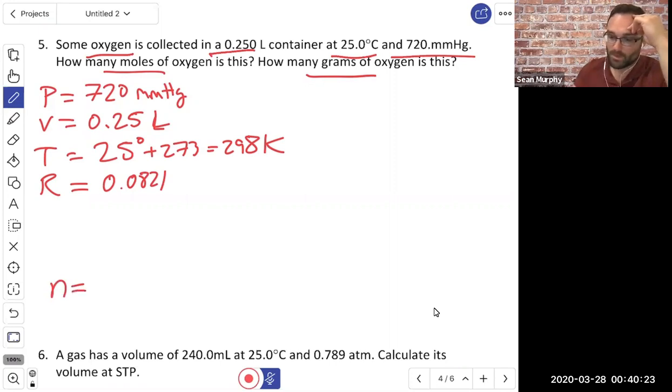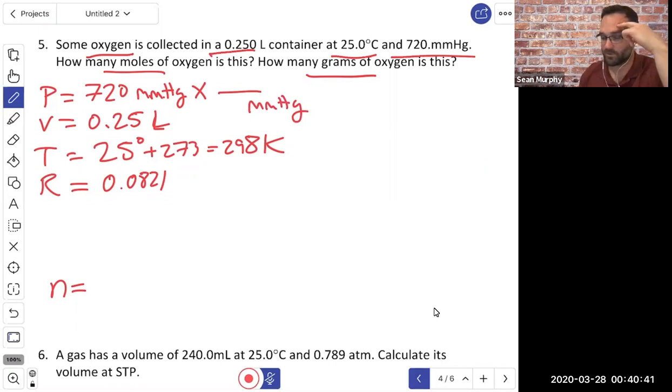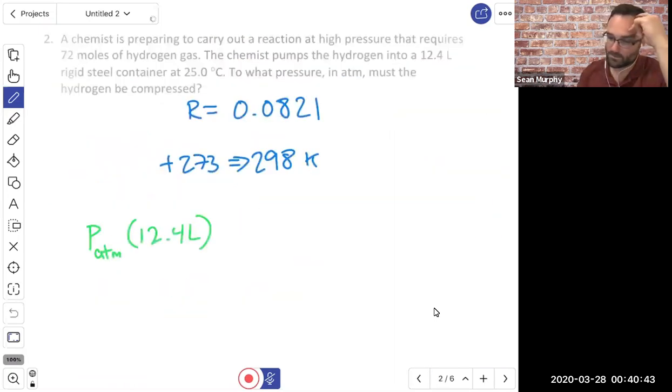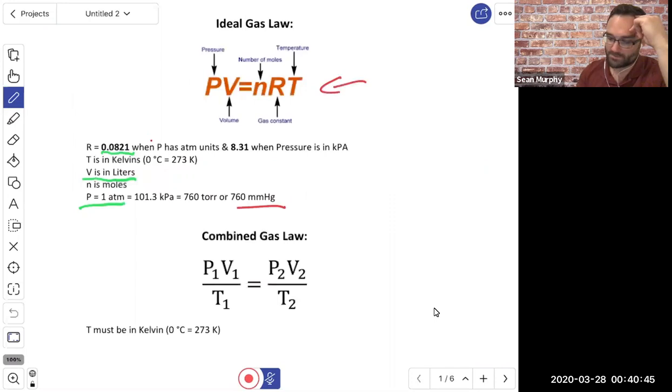Okay. We've got to fix this millimeters of mercury. So millimeters of mercury on top, millimeters of mercury is going to go on the bottom, and top to bottom, top to bottom. What's the ratio of millimeters of mercury to atmosphere? Well, there's 1 atmosphere to 760.